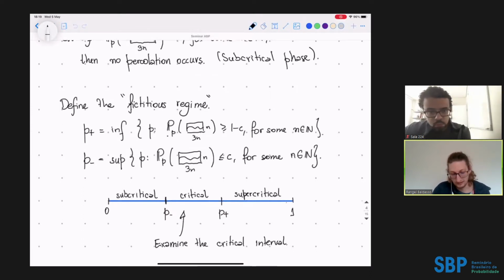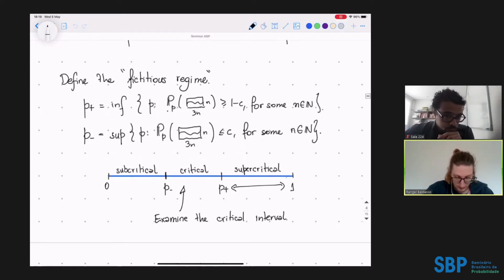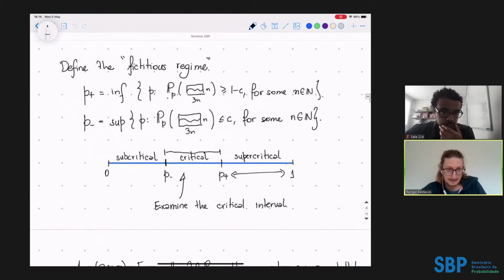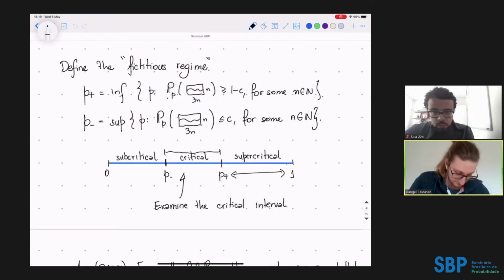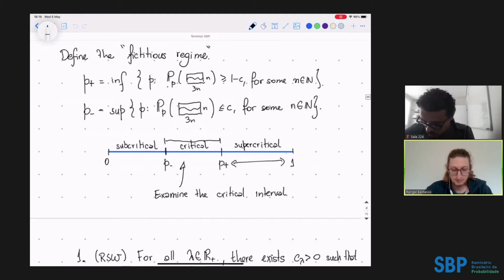First of all, we have the interval from 0 to P minus, which is subcritical by the first result. Second, we have the interval from P plus to 1, which is supercritical by our result again. And in the third window here, we have this critical interval, which is called the fictitious regime. In all of this critical interval, very weird things happen. And the goal is to study this critical interval and actually show that it must always be 1 point. So the goal is to show that P minus is equal to P plus.